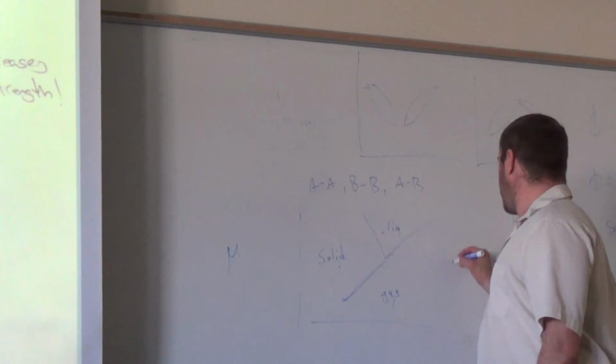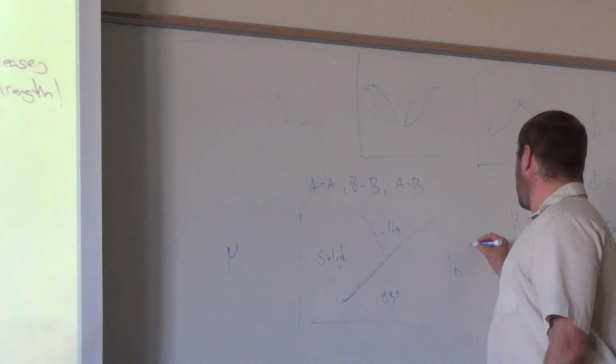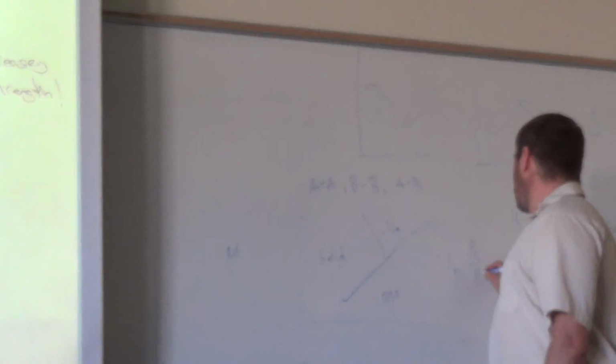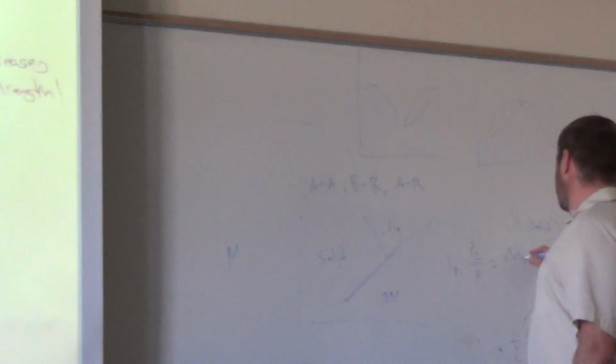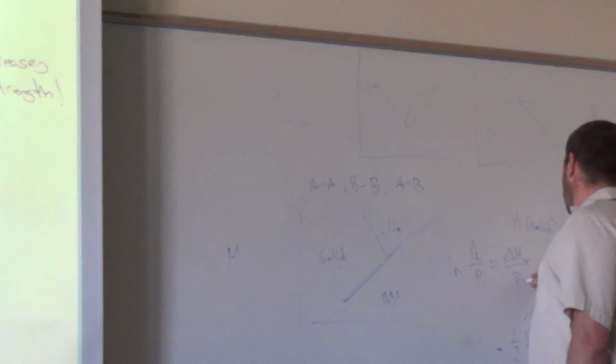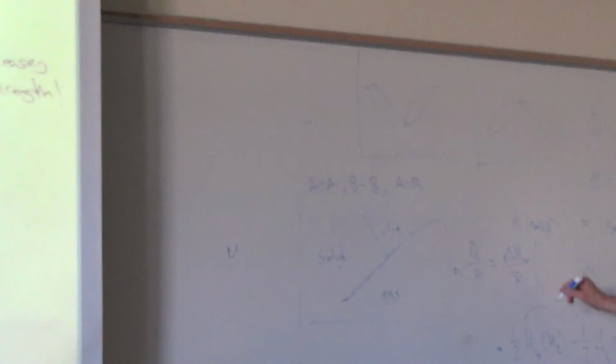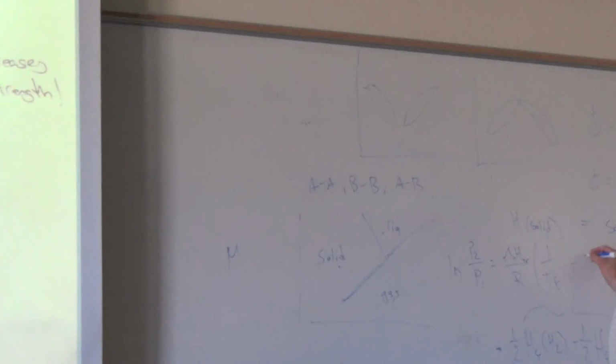And that one looked like natural log of P2 over P1 is equal to delta H of the transition over R times 1 over T final minus 1 over T initial. Know how to use that equation. I will ask you to use that equation.